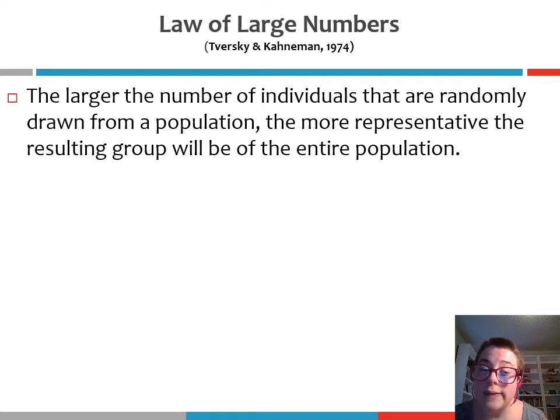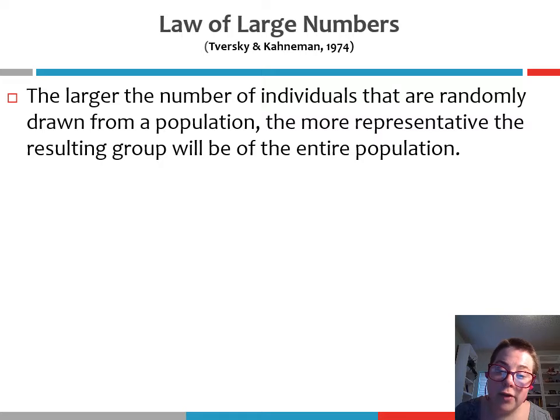So it's more likely that a small hospital is going to have more days where more boys are born than girls, right? So when we think about why this is the case, first we need to understand a statistical rule called the law of large numbers.